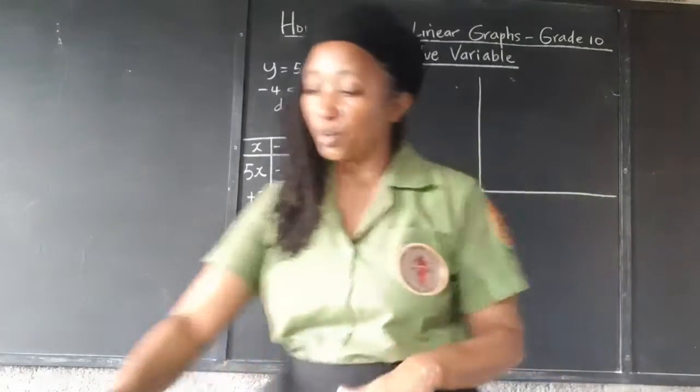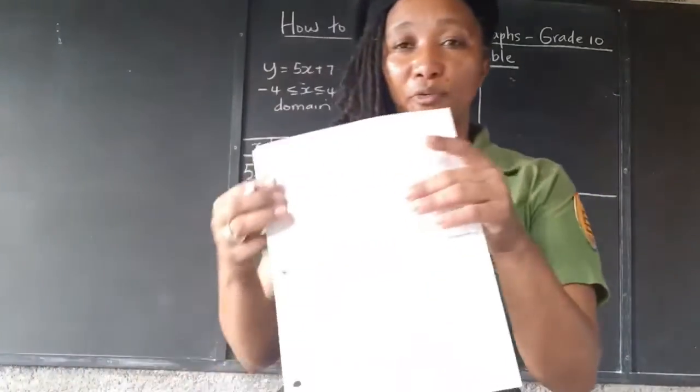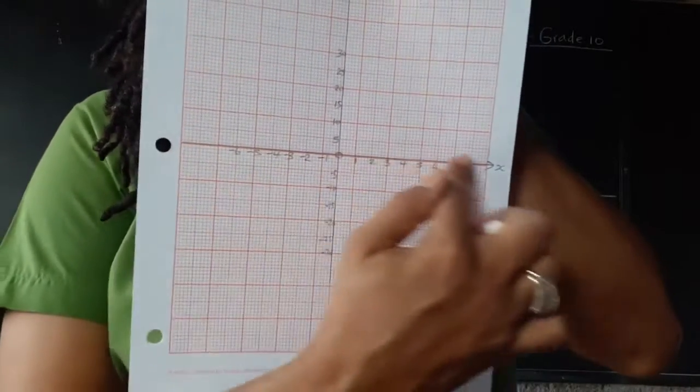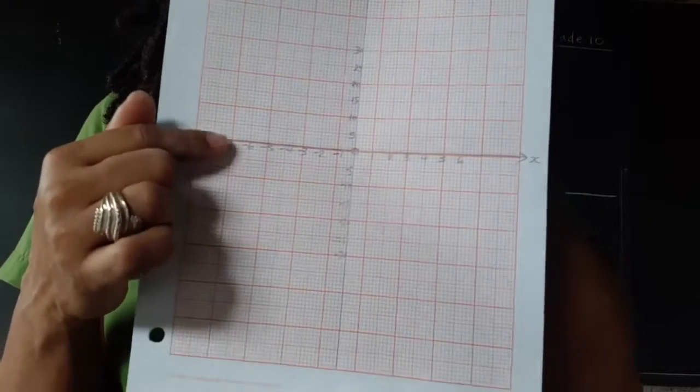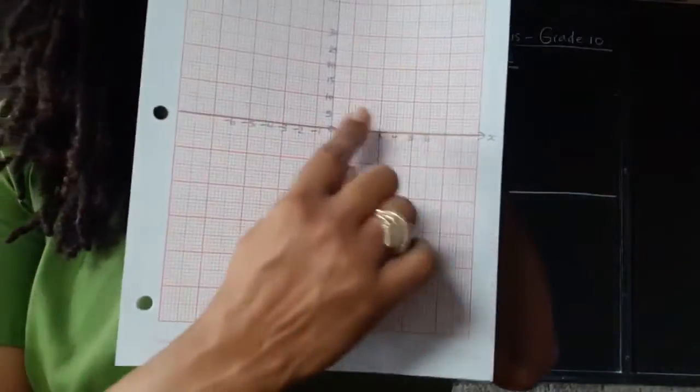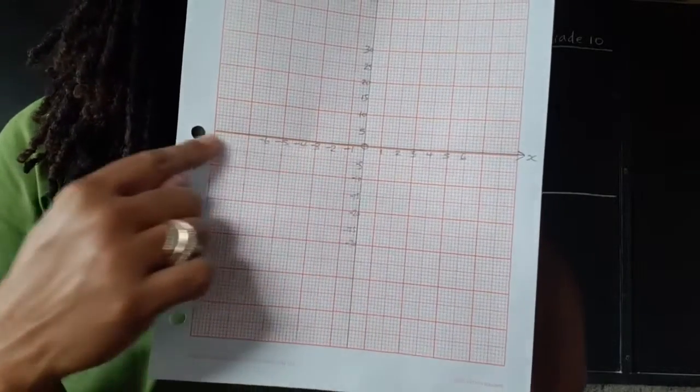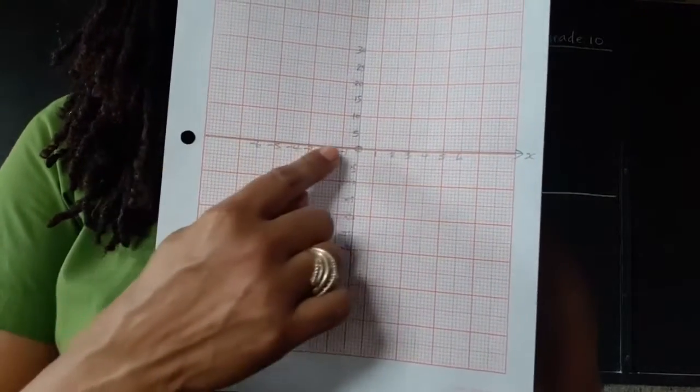Alright, so let me show you what this would look like on real graph paper, the real coordinate plane. I've ruled this up, so this is my x-axis, my horizontal x-axis, and I've decided to use a scale of 1 centimeter to 1 unit. So these are my positive x values and my negative x values going in opposite directions from 0.